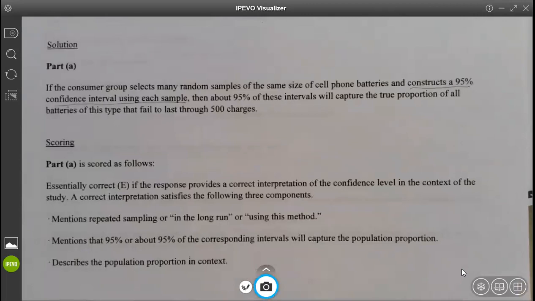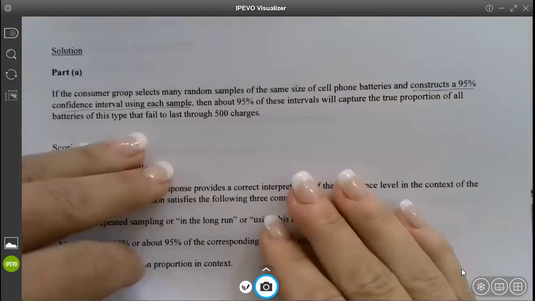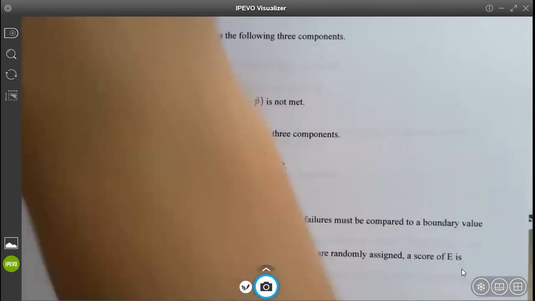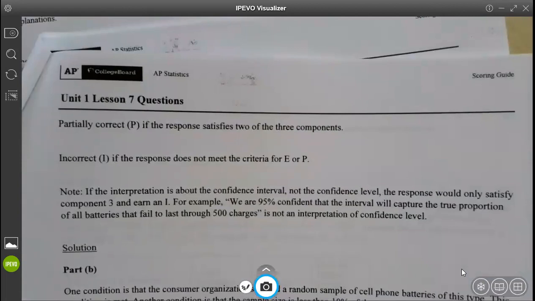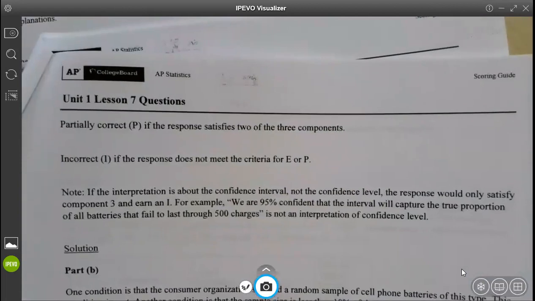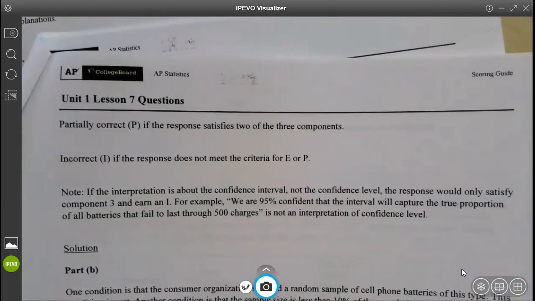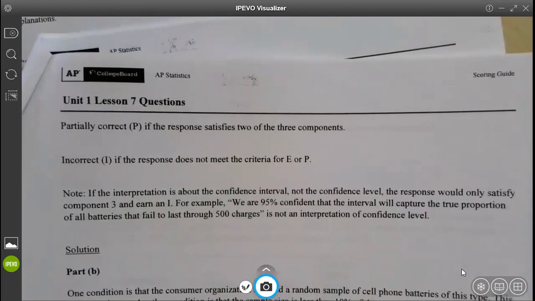So yours did not necessarily not get all three parts. Does that make sense? So that's all you need. Now to get your other one, it is partially correct if the response satisfies two of the three components. So you didn't, you know what I'm saying, just a little bit, always get that partial credit. Worst case, you got the P on here instead of the E. It's really simple. Got it?